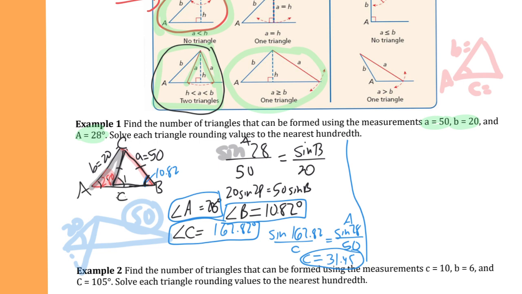And so if this base angle on the right is 10.82 in an isosceles triangle, this angle would have to also be 10.82. And so if you wanted to find what a narrow triangle would look like here on the left, given the angle of 28 degrees, the side of 20, and a 50 that's swung in instead of out, in order to find this angle over here, you would have to do the supplement to 10.82. Okay, so you'd have to say, okay, if this triangle here is an isosceles triangle, these two base angles are 10.82.